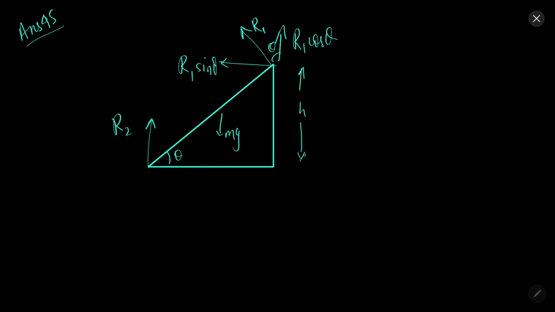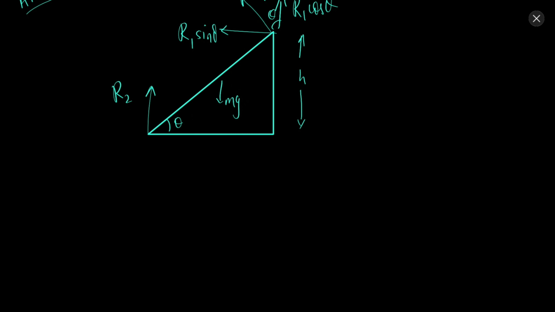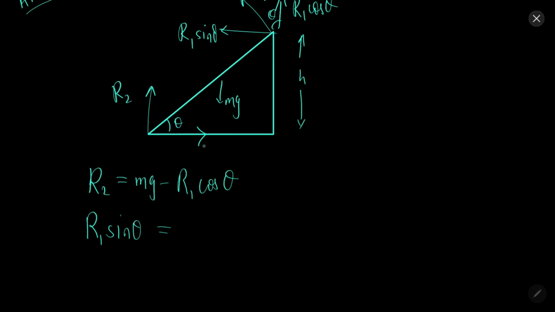Height is h. So what do we have? R2 is equal to mg minus R1 cos theta. R1 sin theta is equal to the frictional force, which is mu R2.